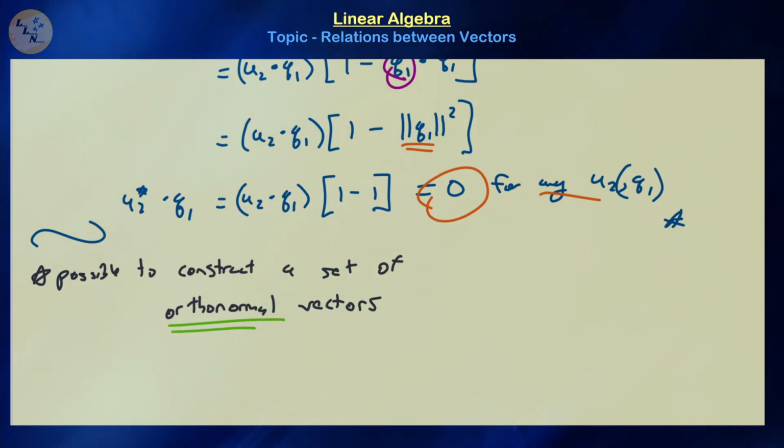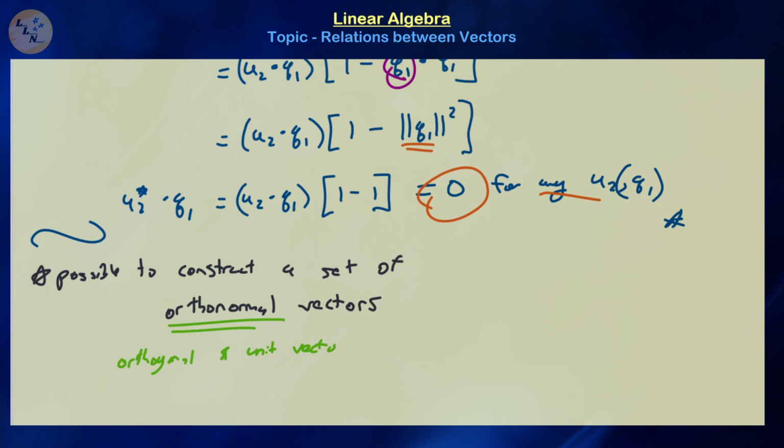And when I say orthonormal, I mean orthogonal and unit vectors, right? So using this process, and eventually we're going to call this the Gram-Schmidt process, allows us to create an orthonormal set of vectors for any set of vectors.